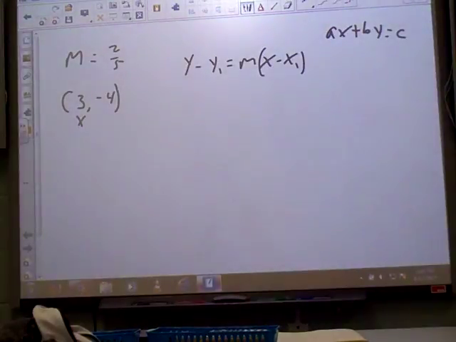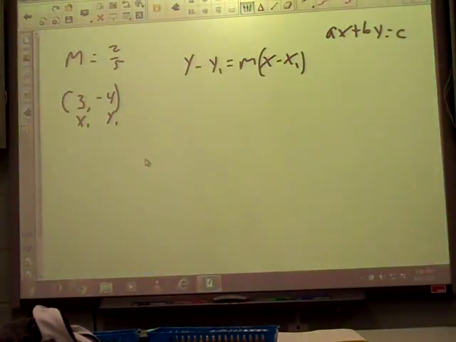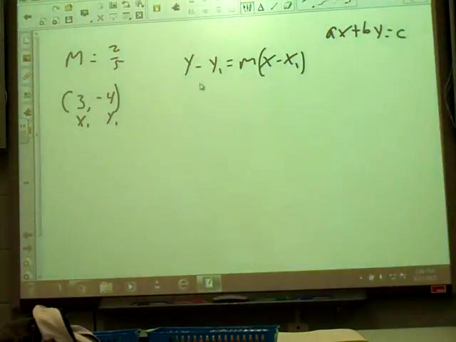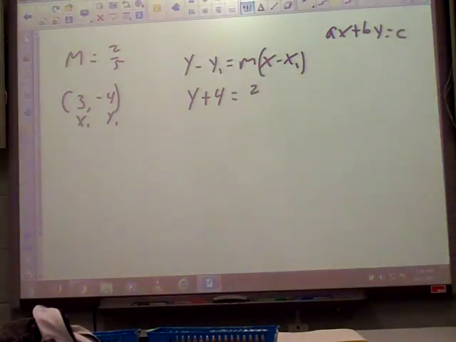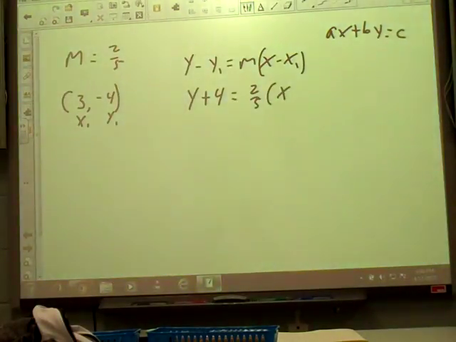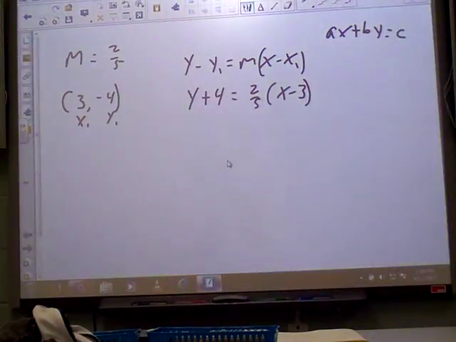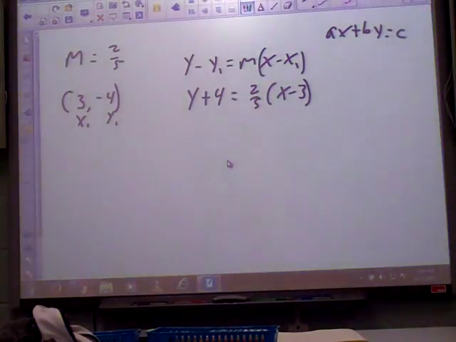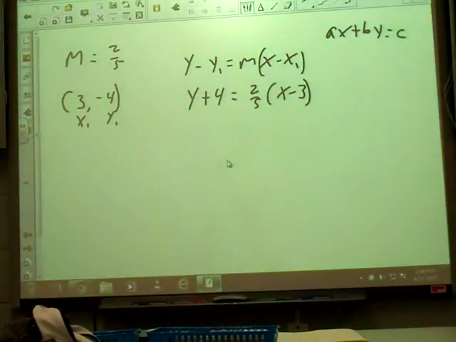Here's your x1 and your y1. Okay, so we just got to substitute the stuff in. y minus y1, so it's y minus -4, which is the same as y plus 4. m times x minus x1. Now, if it had just said write an equation of the line, we've done that. But I was mean to you, and I tacked on there, put it in standard form.